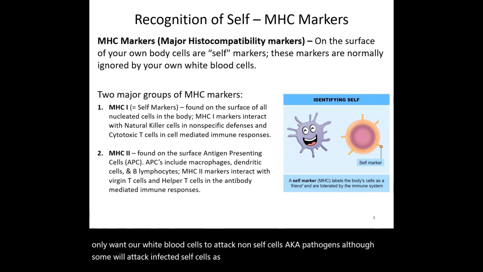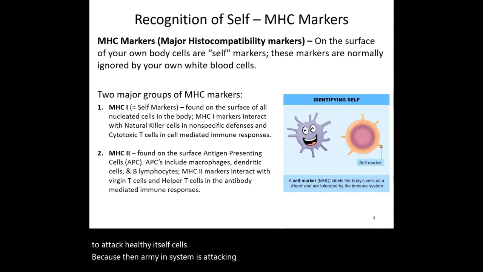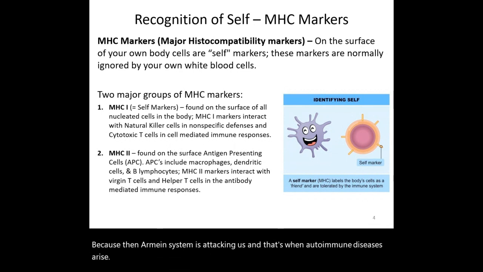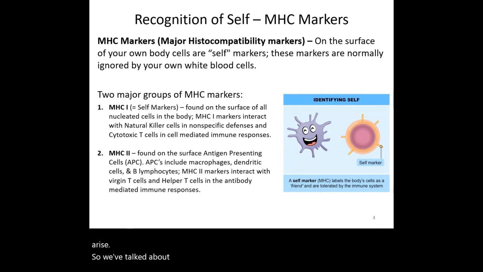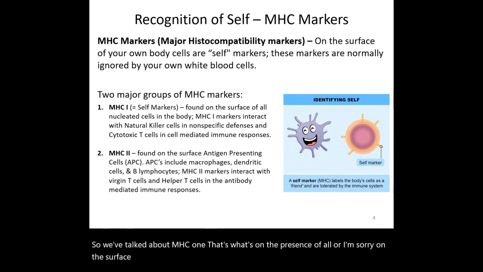But the main point here is we do not want to attack healthy self cells because then our immune system is attacking us, and that's when autoimmune diseases arise. So we've talked about MHC1. That's what's on the surface of all nucleated cells. So that's how our immune system can detect self cells.